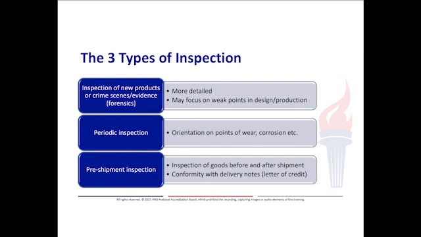The second is periodic inspection. Now that may be looking at the orientation on points of wear, corrosion, etc. One of the best examples of this is boiler and pressure vessel inspection. In most of North America, there's a requirement for boiler or pressure vessel inspection on an annual basis, looking at relief valves, looking at pressure points, looking at all of this.